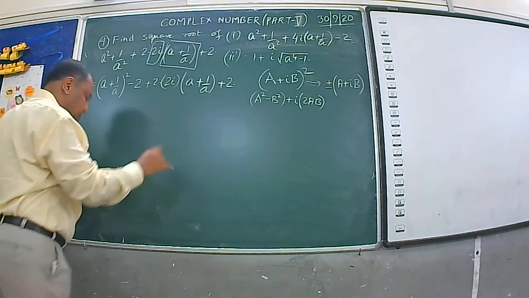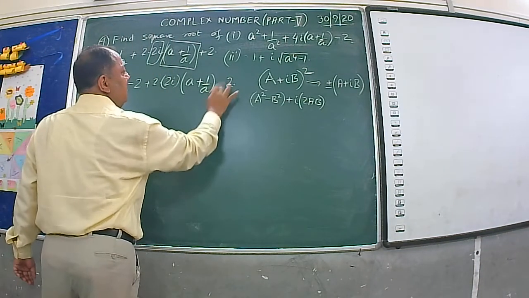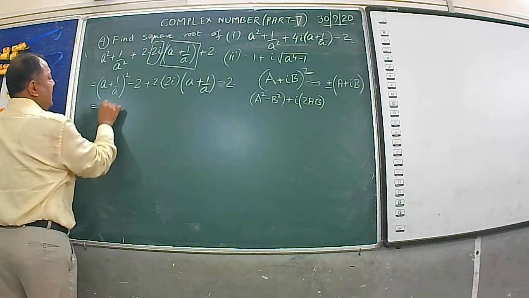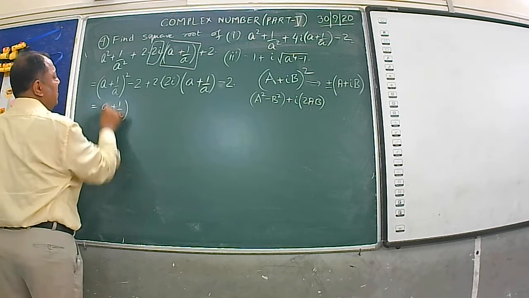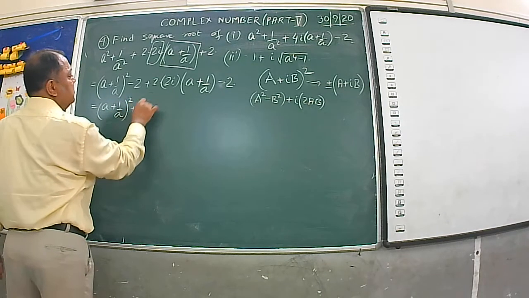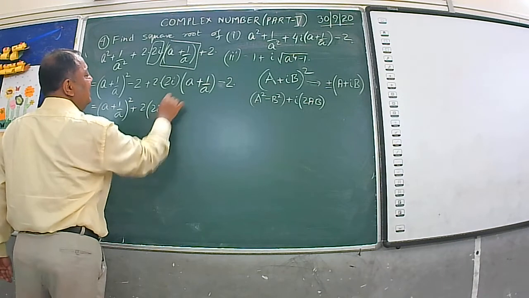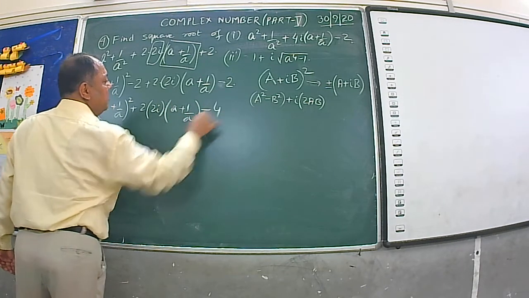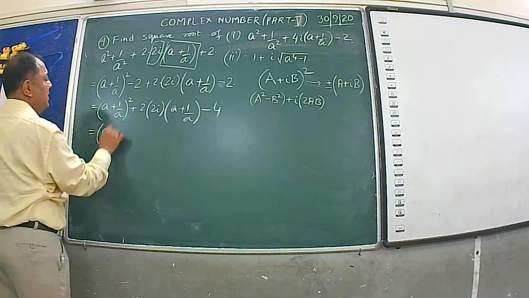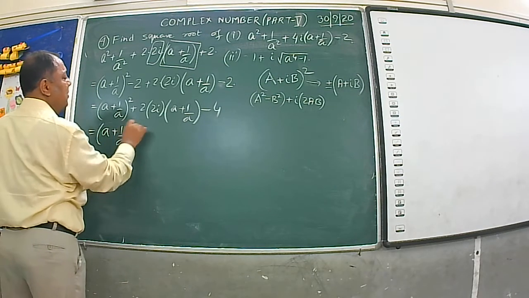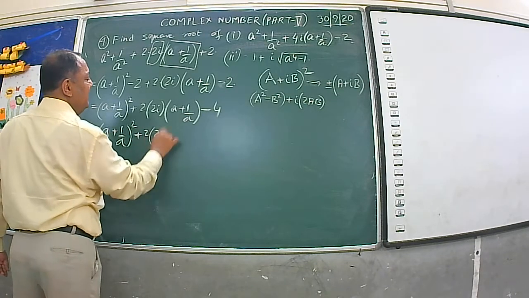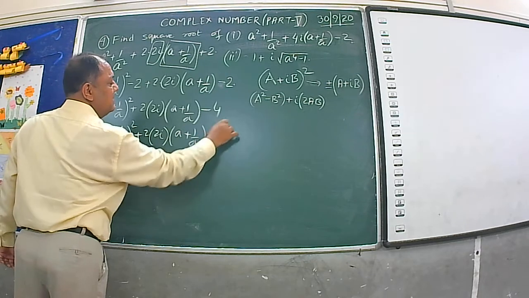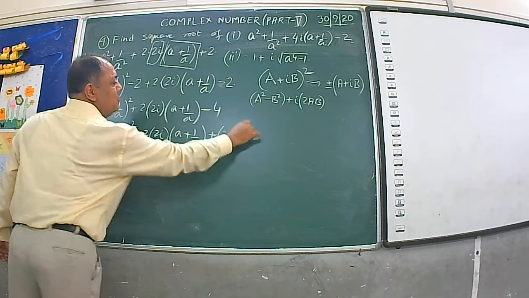So this is also minus. Therefore, A plus 1 by A whole square plus 2 into 2i into A plus 1 by A minus 4, which is equal to A plus 1 by A plus 2 into 2i into A plus 1 by A plus 2i whole square.